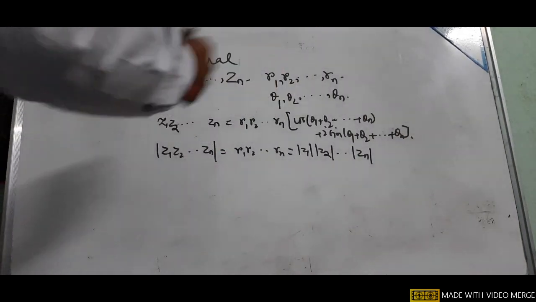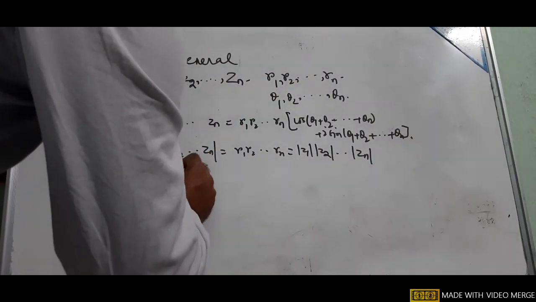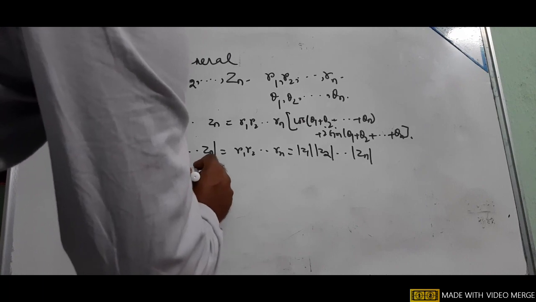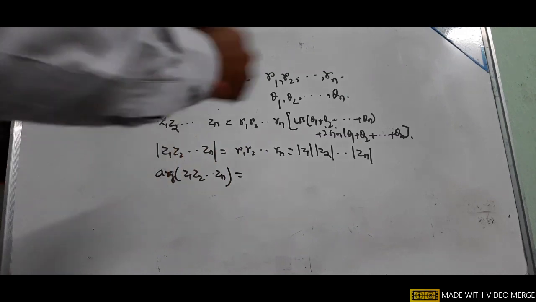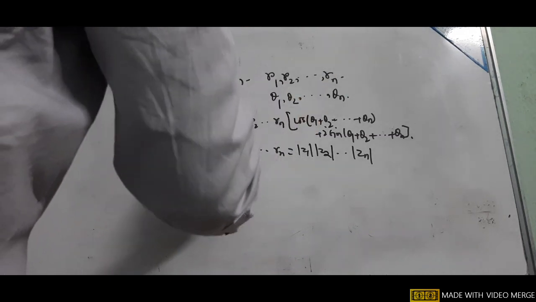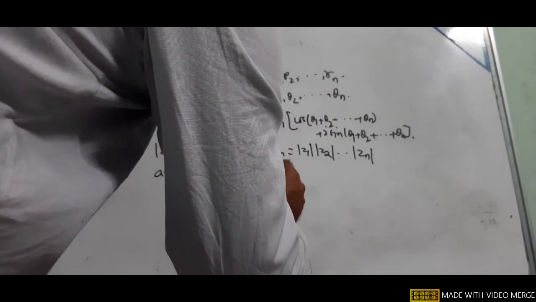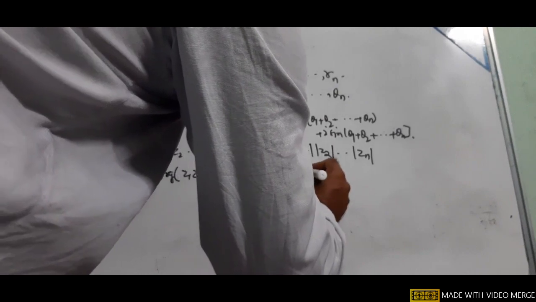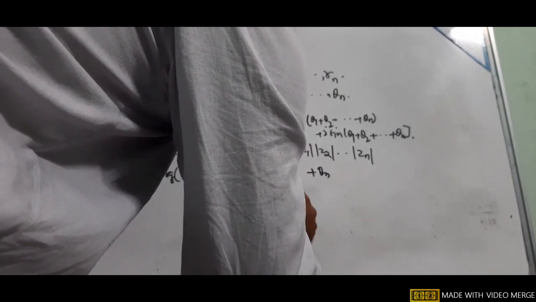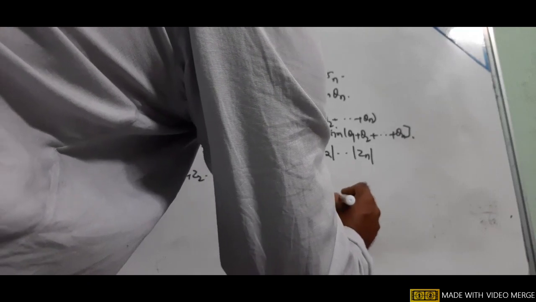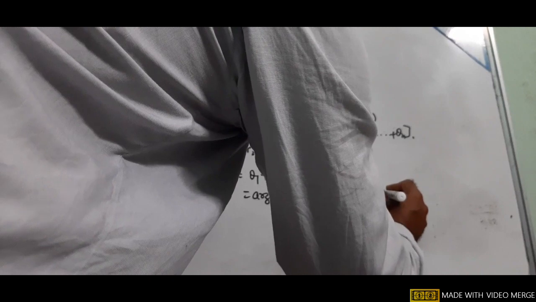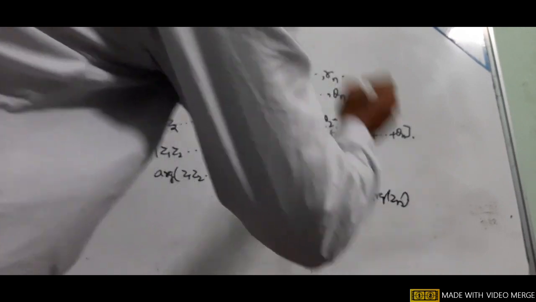And their argument is the sum of all the arguments individually, so it is theta 1 plus theta 2 up to theta n, that is argument of z1 plus argument of z2 up to argument of zn.